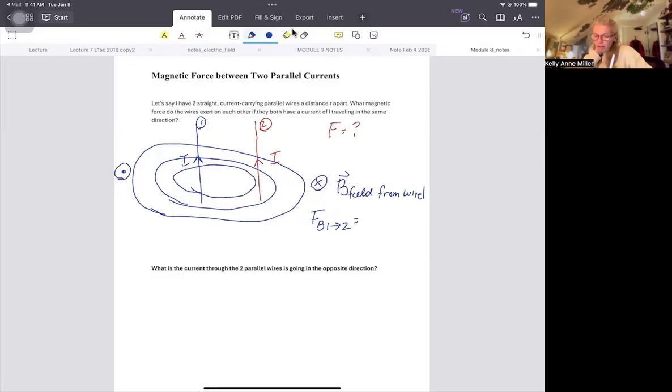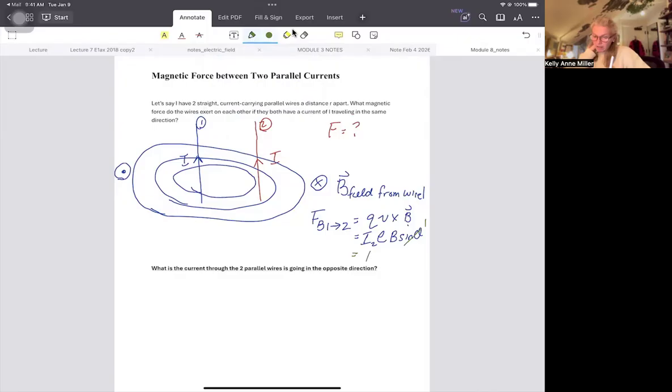So I know from the last module that that's just QV cross B, which in the context of current, remember if I integrate, if I add up all the Q's in the wire, it's just equal to the current going through that wire, so current 2, times the length of the wire, right? And it's going to be B sine theta for the cross product. Okay, sine theta is 1 because they're orthogonal, so that just goes to 1, right?